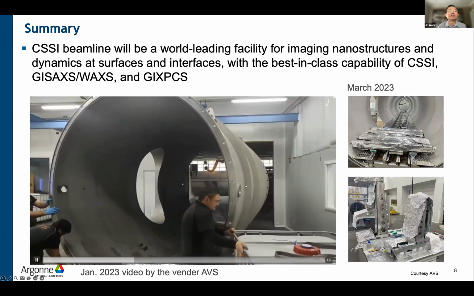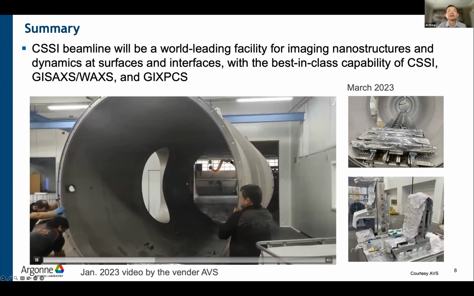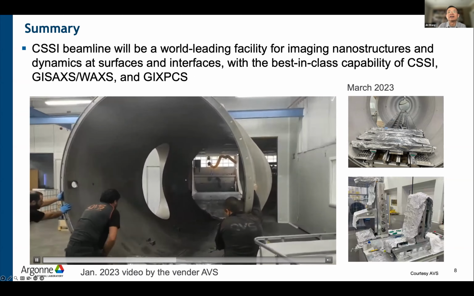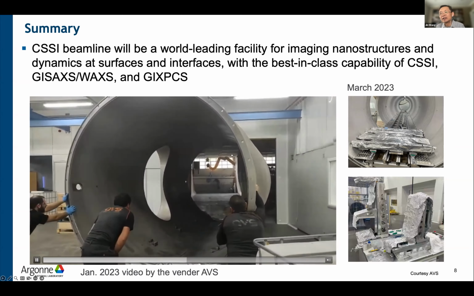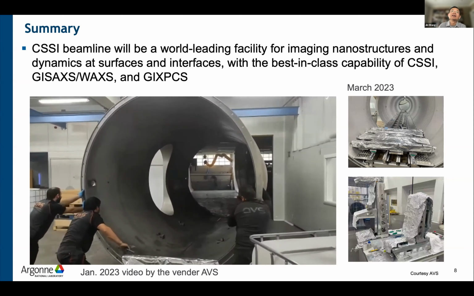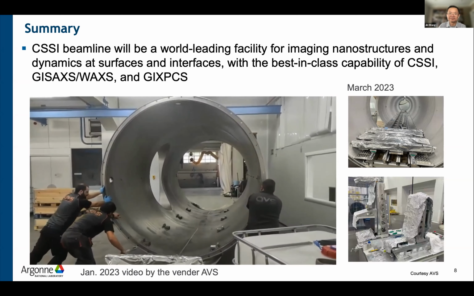It's about 3 meters in diameter, and the total is going to be 20 meters long, and they're going to be installed here at Sector 9 in August and September.